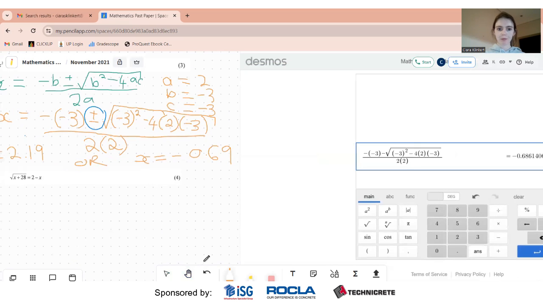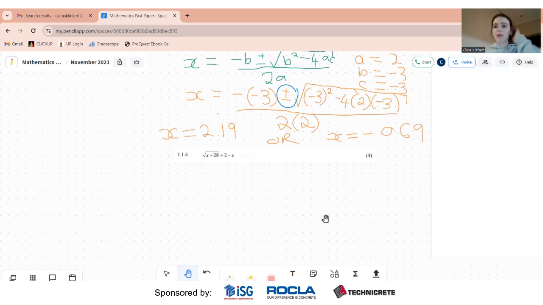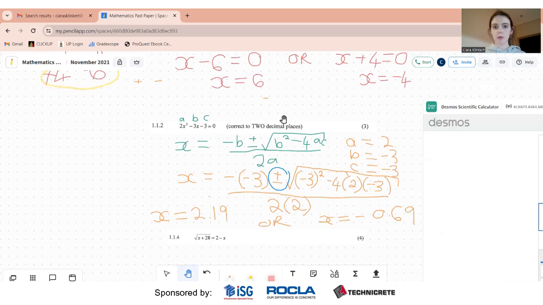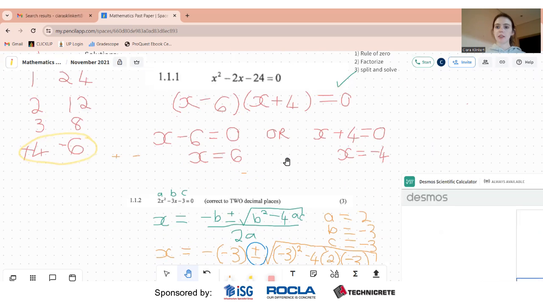At this point, we have covered two types of equations. The traditional quadratic equation, where we set the right-hand side equal to 0, factorize the expression on the left-hand side, split the brackets, set each bracket equal to 0, and solve for x.